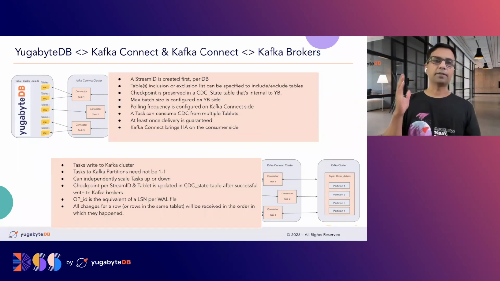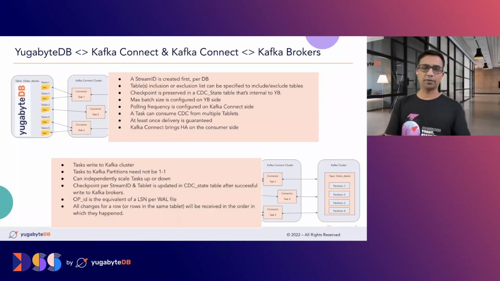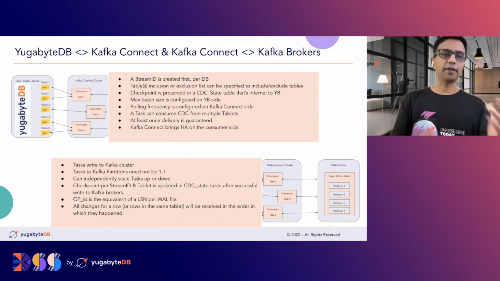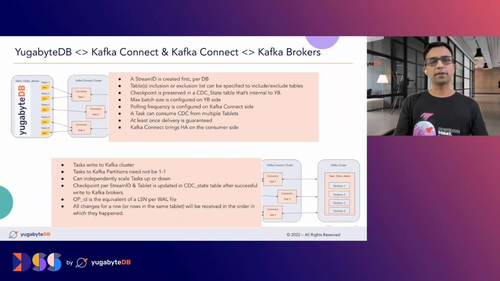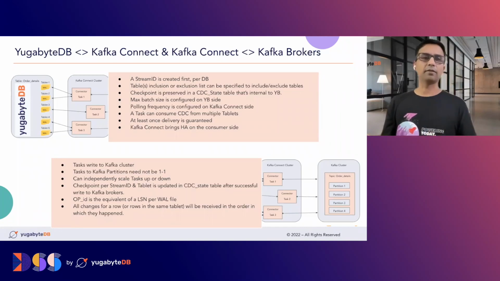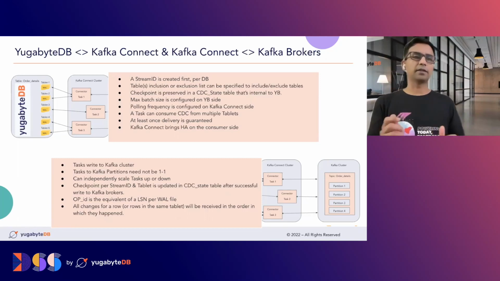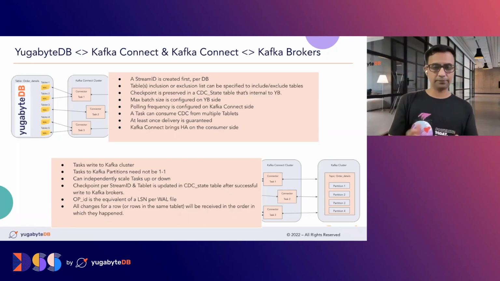And this entire CDC implementation guarantees at-least-once delivery. Obviously, Kafka Connect brings high availability on the consumer side. For example, if a task fails, Kafka Connect takes care of spinning it up on a different node, and it knows how to connect and consume from where it left off.